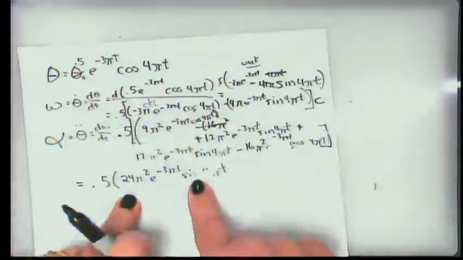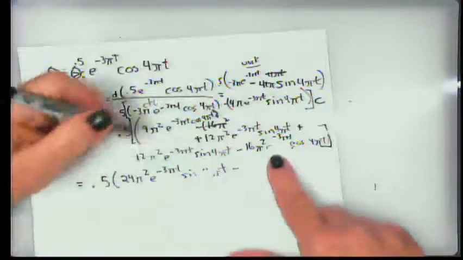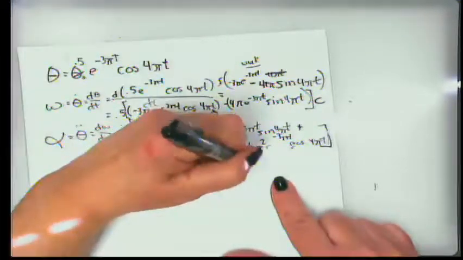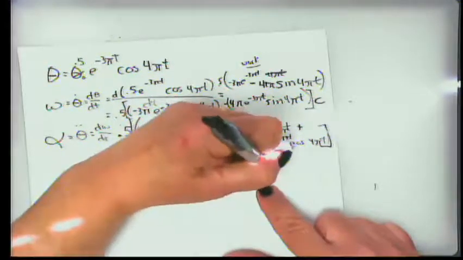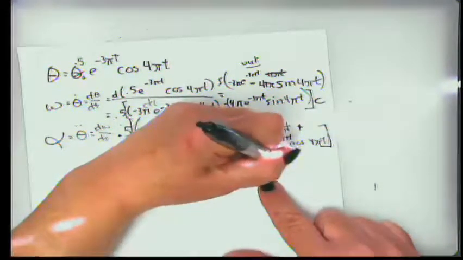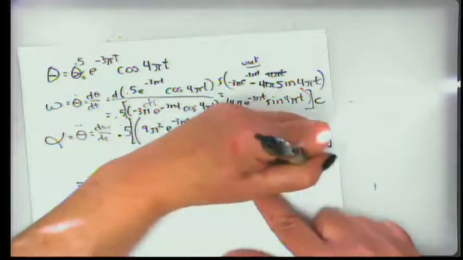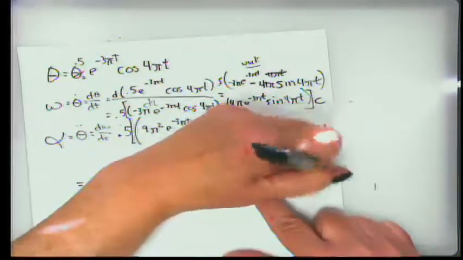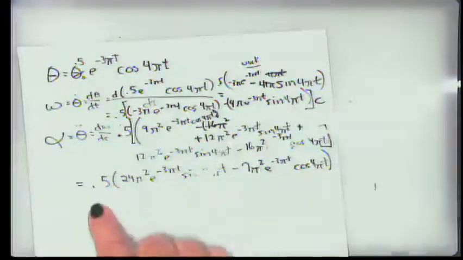That's my first term. Then 9 minus 16 becomes minus 7 pi squared e to the minus 3 pi t cosine 4 pi t. All right, so that's my expression for alpha. That's my expression for omega.